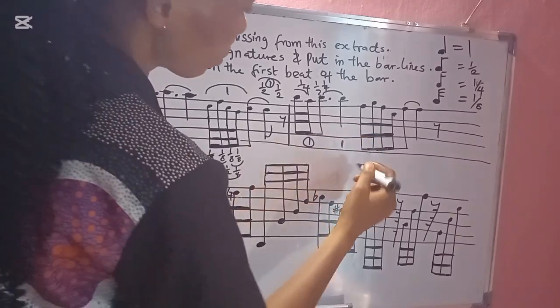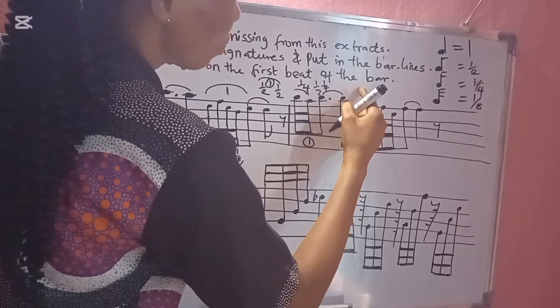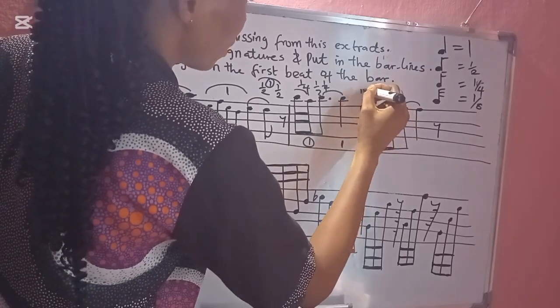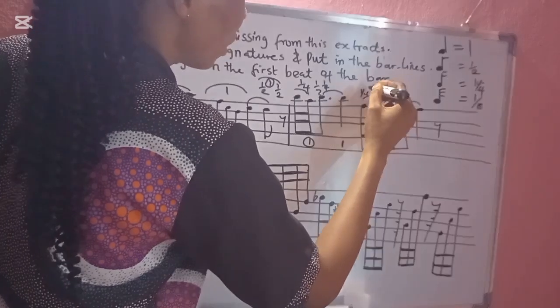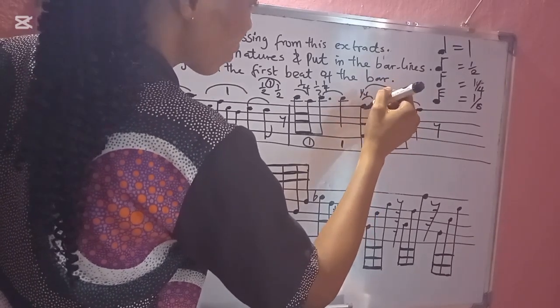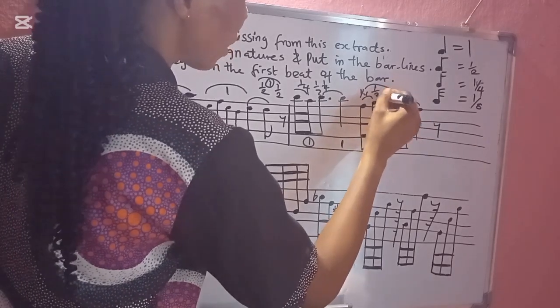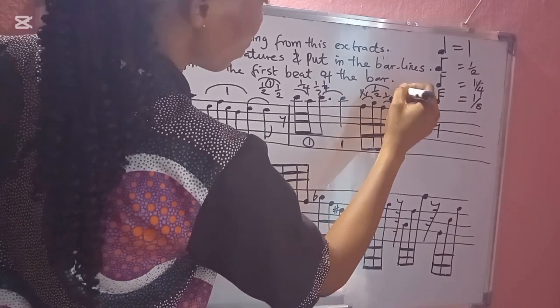That's 1 plus 1, 2, and then we have 4 8th notes, which end up in a half, because 8 plus 8 is a quarter, and another 8 plus 8 is a quarter, and quarter plus quarter is half. So we have half here plus half here, which is 1.